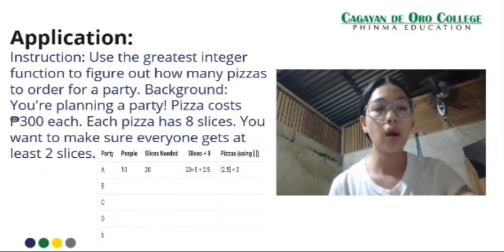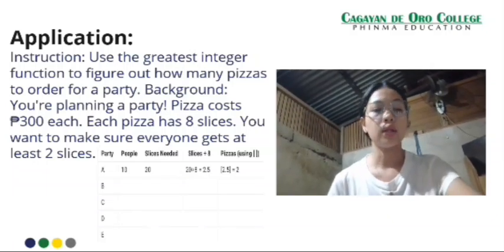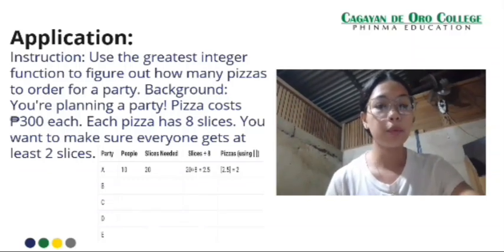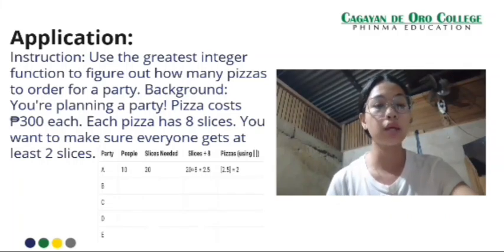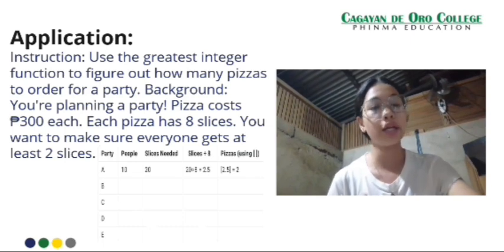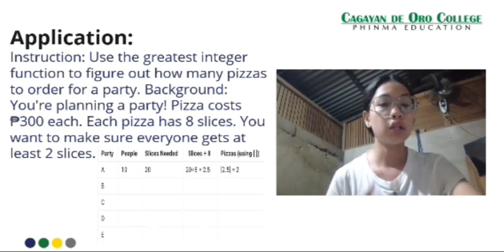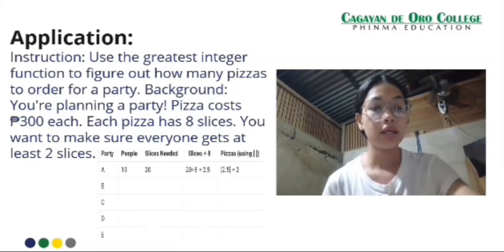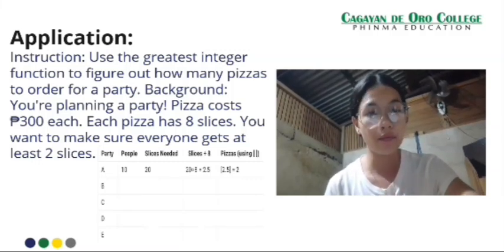So I will give you one example, example A. You have 10 people. So 10 times 2 is equal to 20. Why 2? Because at least 2 pizza slices for each person. So that means 20 slices needed. Then divide by 8, because 20 divided by 8 is equal to 2.5.